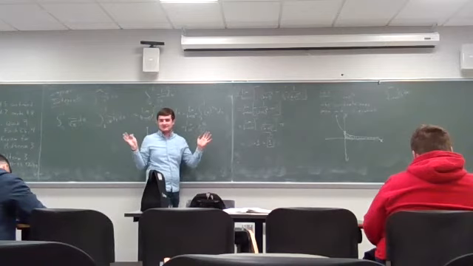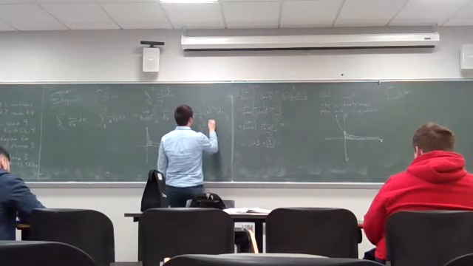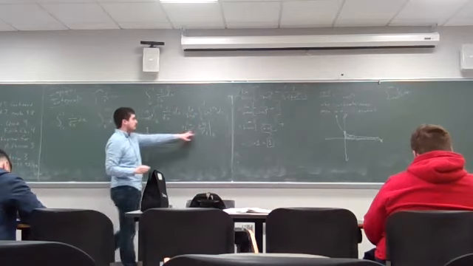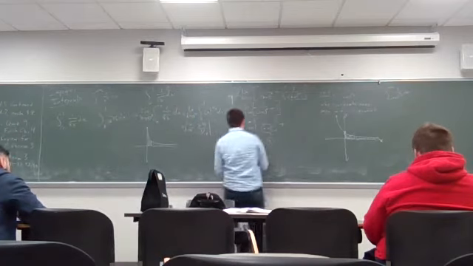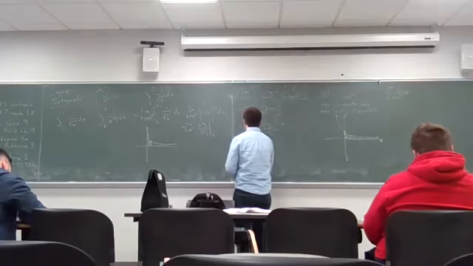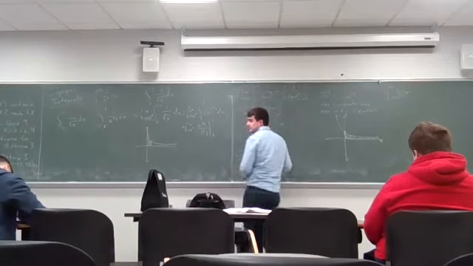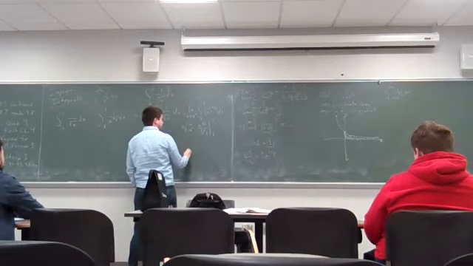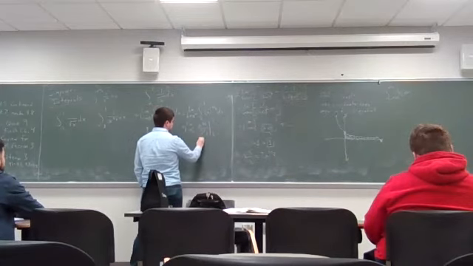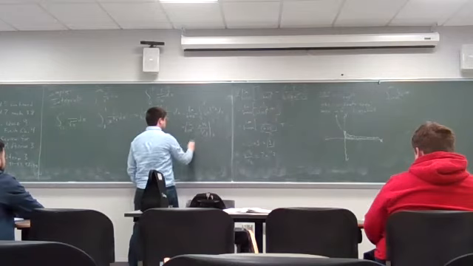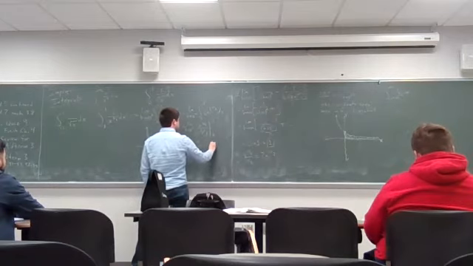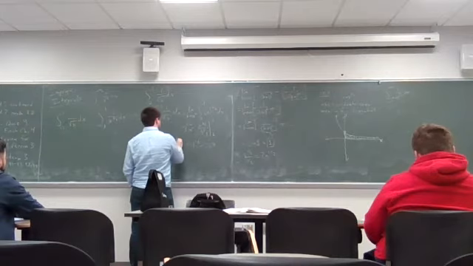And then we want to evaluate this from b to 1. Again, x to the 1 half over 1 half is the same thing as 2 times x to the 1 half. Just multiply by the reciprocal. So I'm going to put parentheses down here, 2x to the 1 half. So I'm going to get 2 times 1 to the 1 half minus 2 times b to the 1 half, and we have the limit as b approaches 0 from the right side.